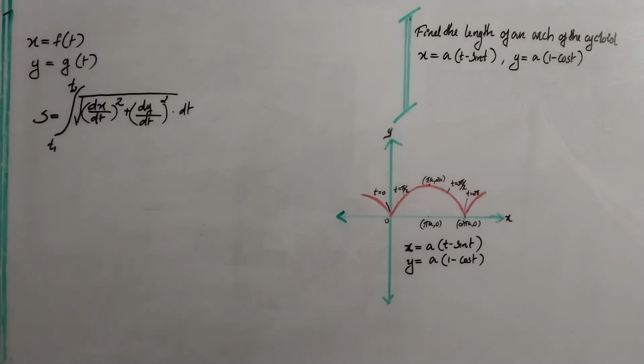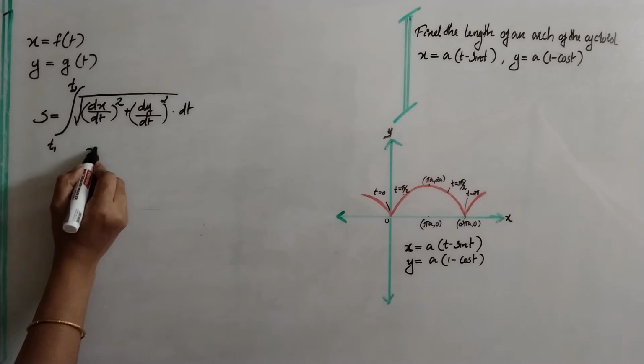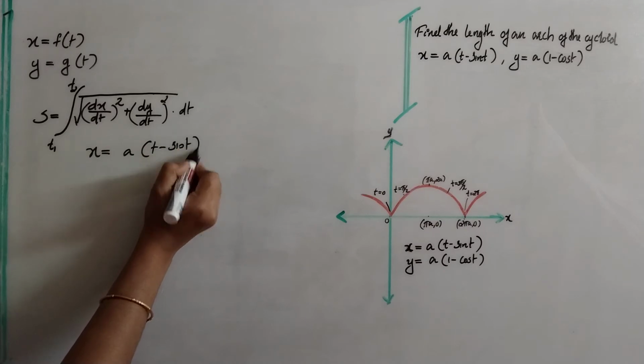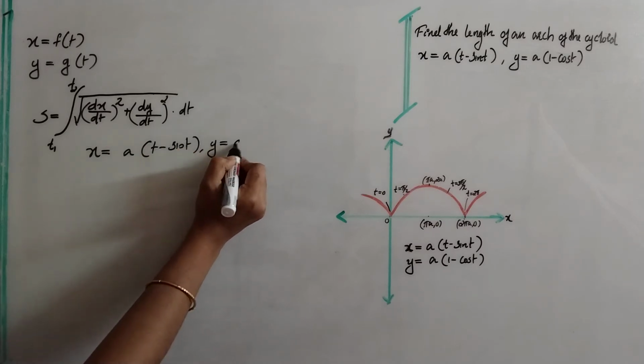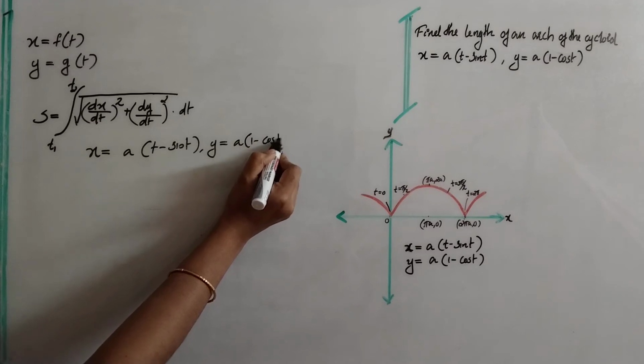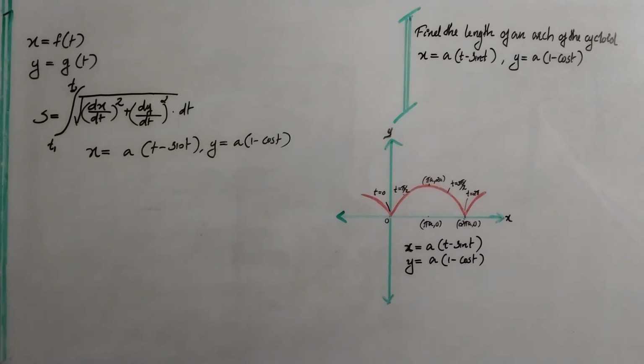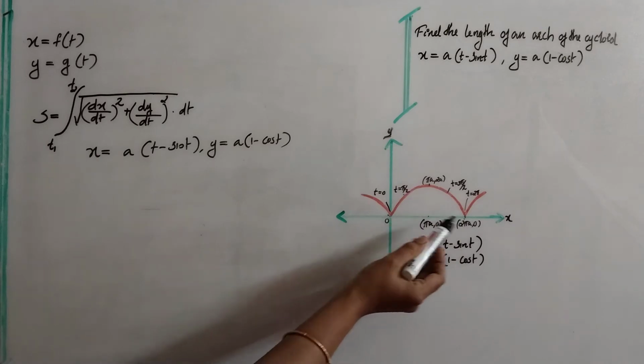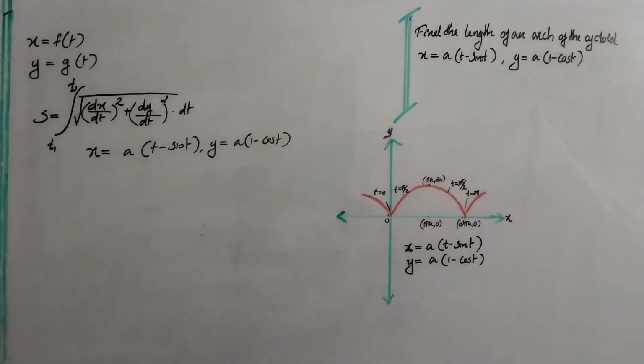Now here the equation of cycloid is x is equal to a into t minus sin t and y is equal to a into 1 minus cos t. And an arc of the cycloid is the portion between two consecutive contacts of the curve with its base. This is one arc. These are the two consecutive contacts of the curve with its base axis, that is the x-axis.